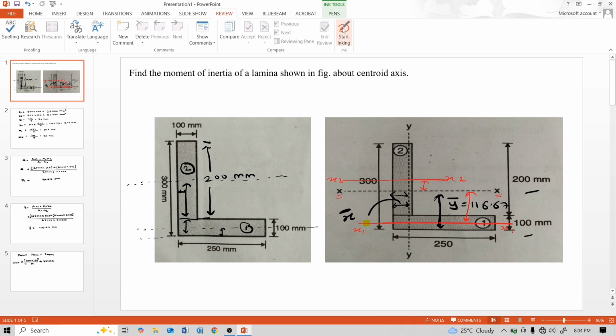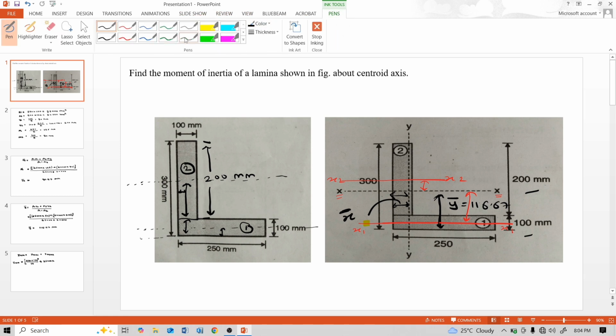This is the distance of y bar minus this 50 mm, and then we get this red distance from the x1 axis to the x-axis, the distance for the parallel axis theorem.